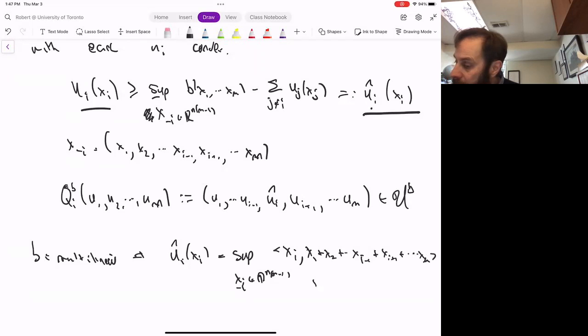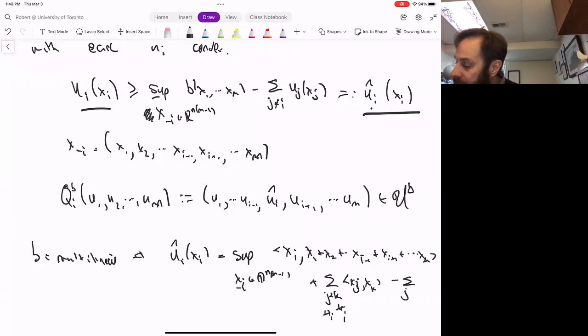And then apart from that, there's the sum over, I could have made this more notationally convenient for myself by choosing i to be 1. The sum over j less than k, but different from i, of the xjk.